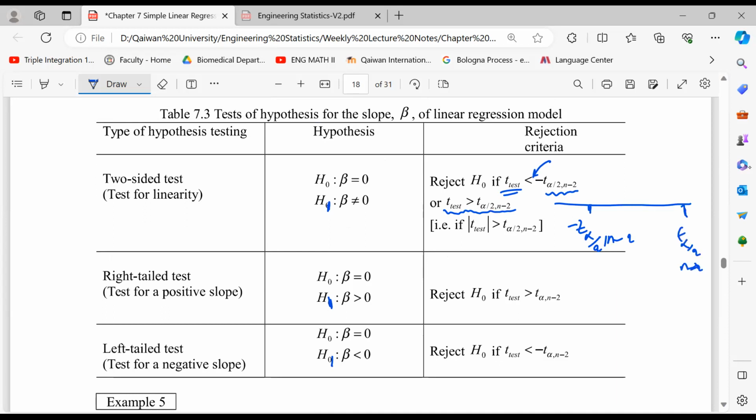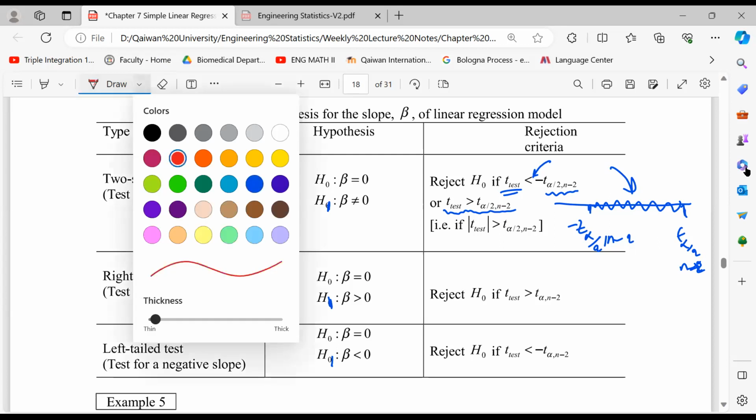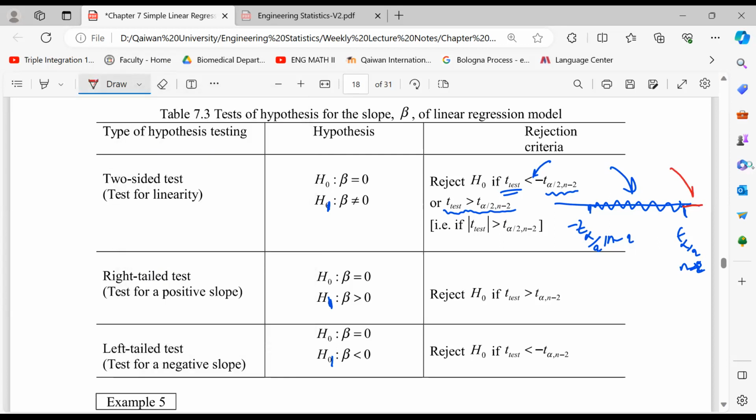If the statistic is not between them, if it's greater than the positive one or less than the negative one, we reject H naught.